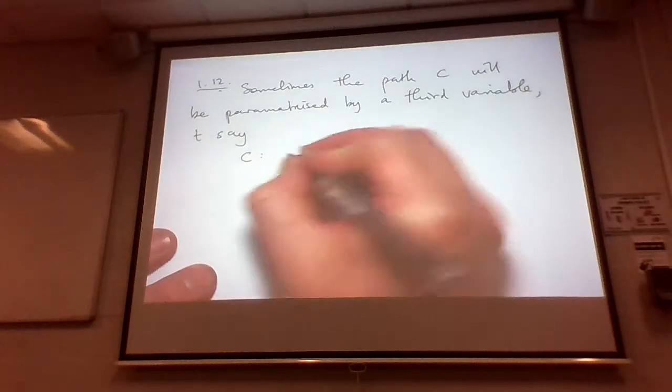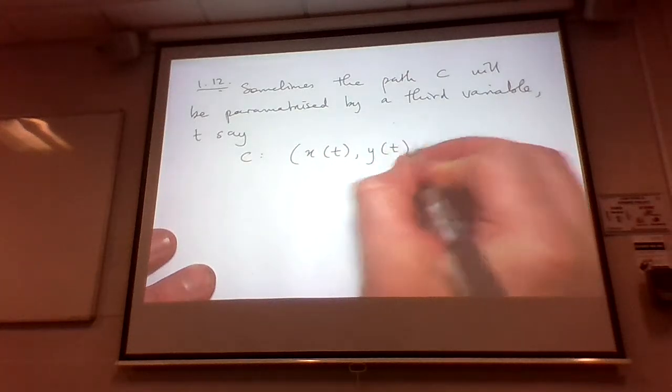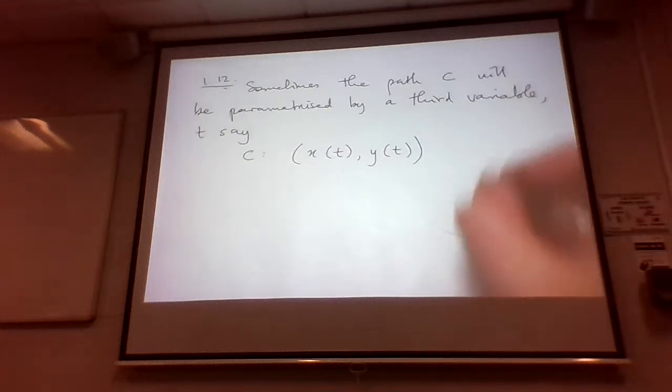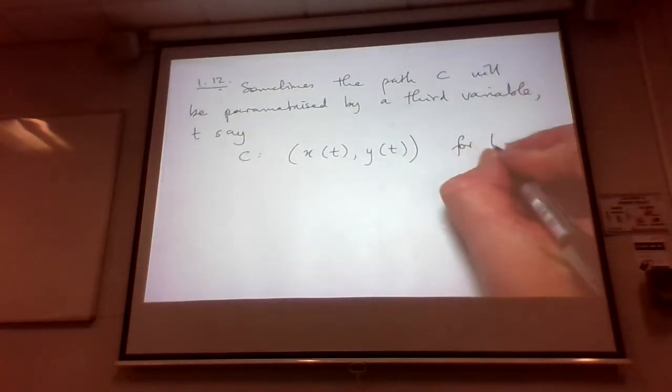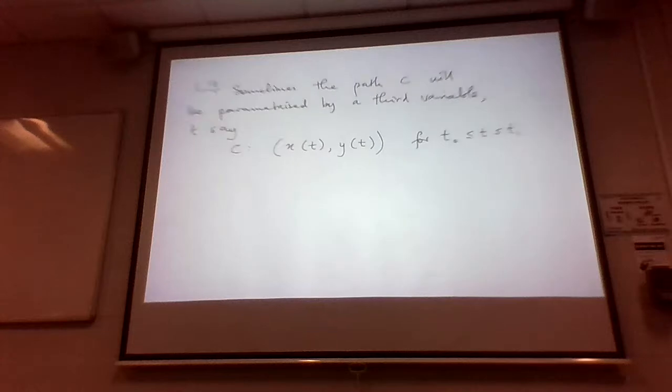So C will be specified as the curve with coordinate functions x of t, y of t. So two functions that are giving you the x and y coordinates of points on that curve between some starting and ending values of the variable t. Okay, so between a t0 and a t1 set.